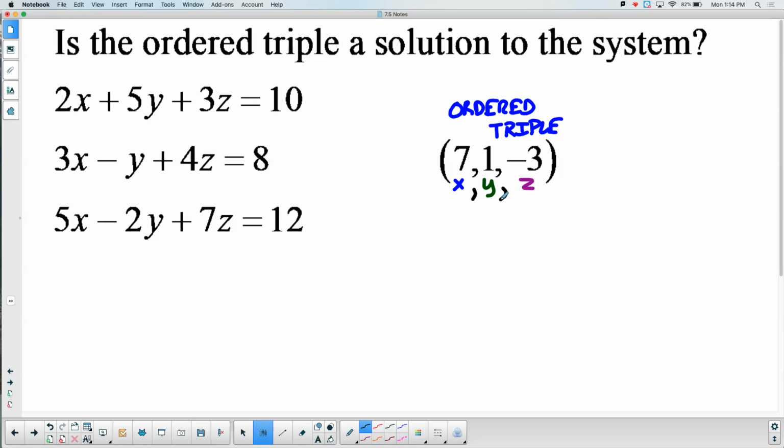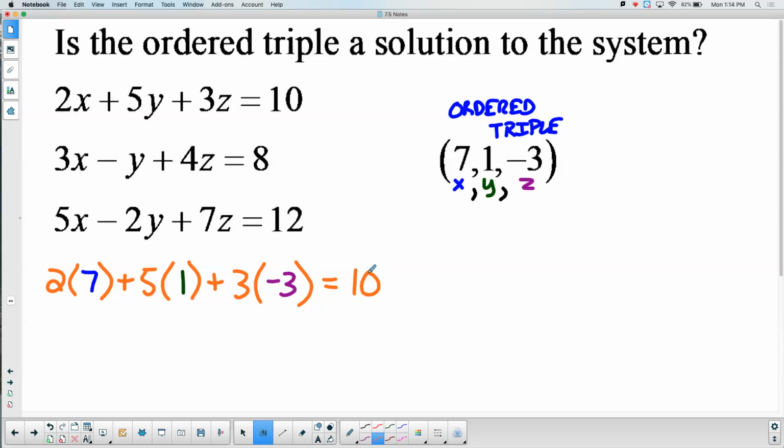So if I'm asking the question, find the ordered triple, or is the ordered triple a solution, we would plug it in. 2 times x, which is 7, that was blue, plus 5 times y, which is 1, that was green, plus 3 times z, which is -3, that was purple, and that's got to be 10.